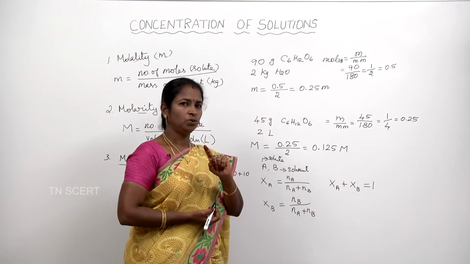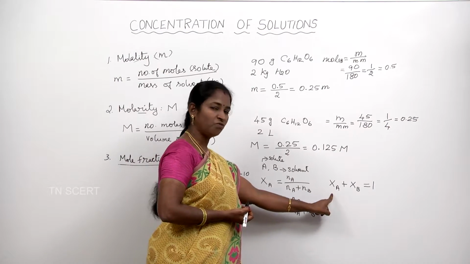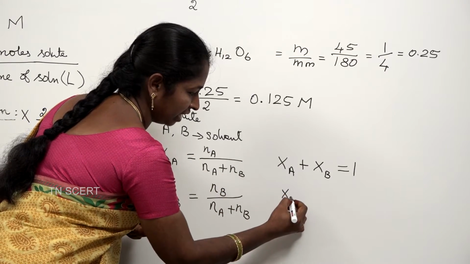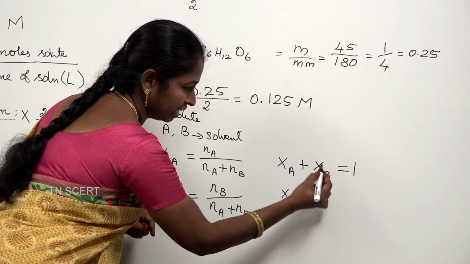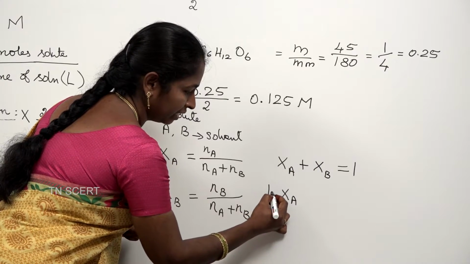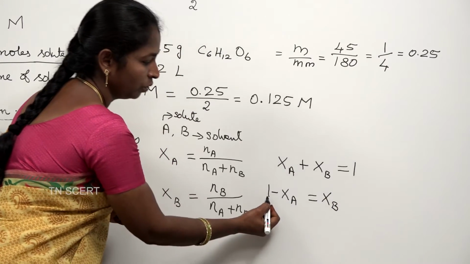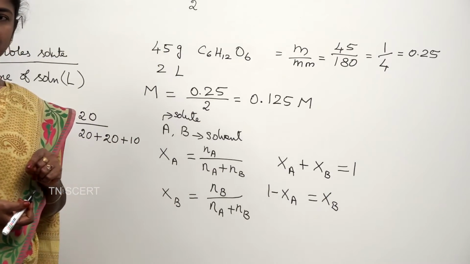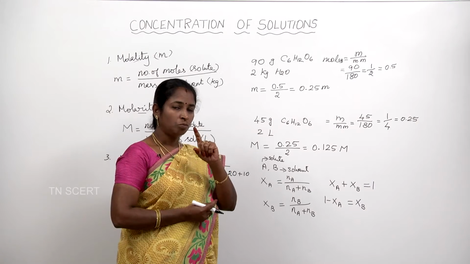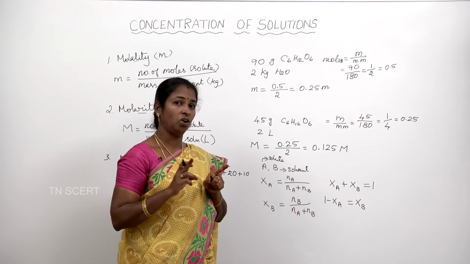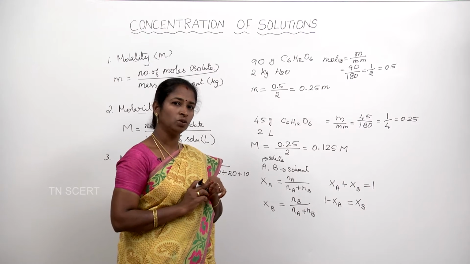So, if you know the mole fraction XA, then you can get XB by subtracting from 1. So, XB is equal to 1 minus XA. Always the summation of the mole fractions of all the components is equal to 1.